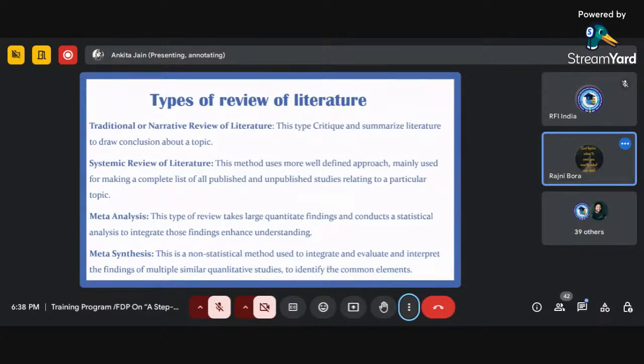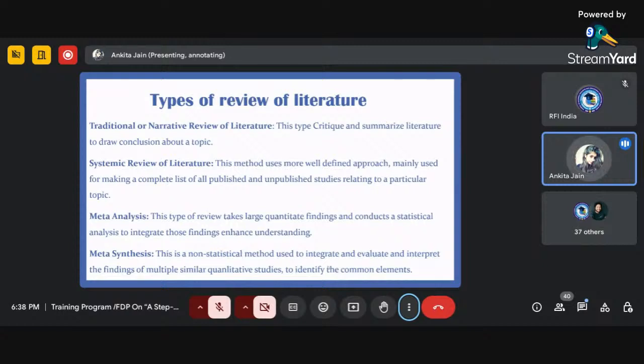Okay. So, as I was talking about types of review of literature, one is traditional or narrative, as I have told you. This is the journal-style way in which a review of literature can be done. The second one is systematic review of literature. Again, it is also the same as the traditional literature review, but we are using all types of published and unpublished studies about the particular topic.